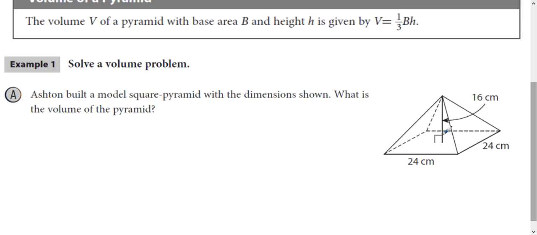So for the volume of this pyramid, it's area of the base times height divided by 3. 1/3 base times height. So the area of the base is 24 by 24. There's your base.